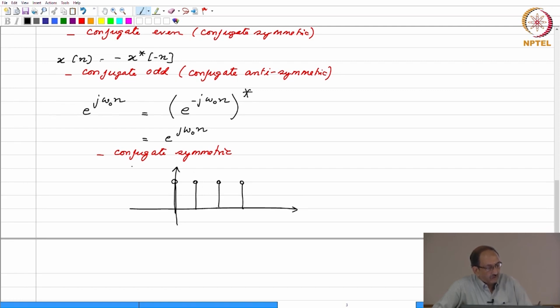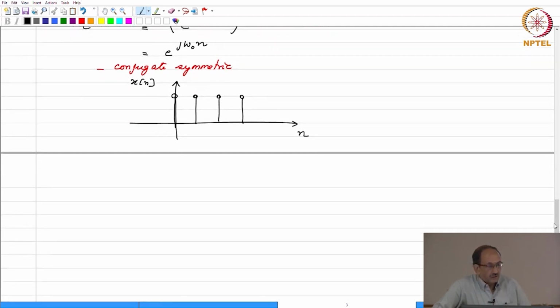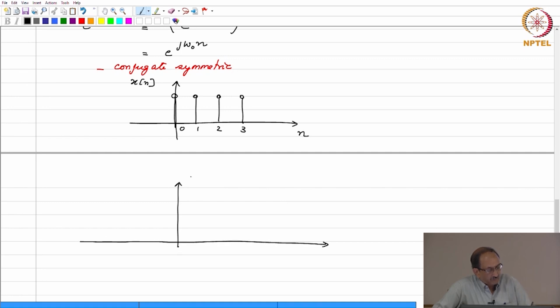So this is my given x of n, and if I want to decompose this into its odd and even parts, so this is 0, 1, 2, 3. x_e of n is x of n plus x of minus n by 2.